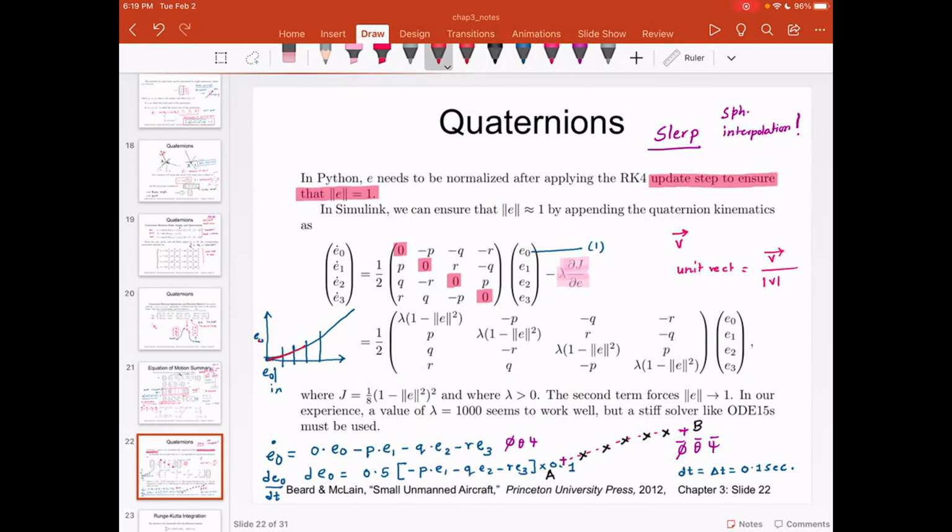In other words, I have the value of E naught at time t is equal to 0.1. Then I would use the value of E naught at time t is equal to 0.1 and propagate it, and then find out the value of E naught at time t is equal to 0.2.